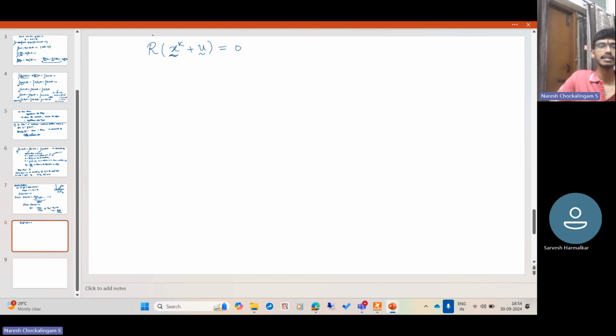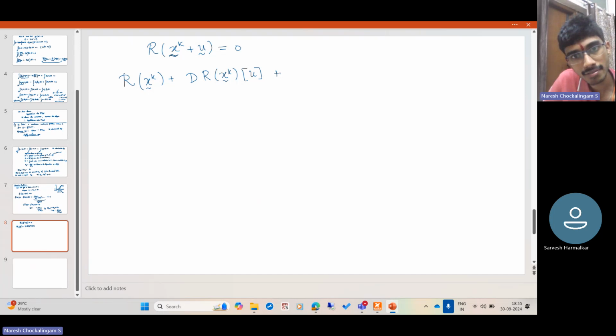Now, from the idea of directional derivatives analogous to the Taylor series, we can say this term is nothing but r of xk plus the directional derivative of r of xk in the direction u plus higher order terms is equal to 0.